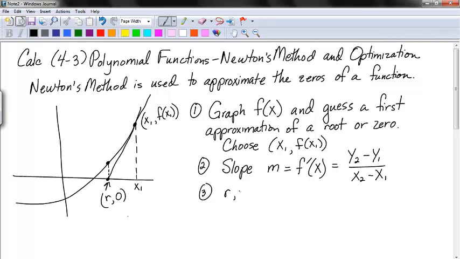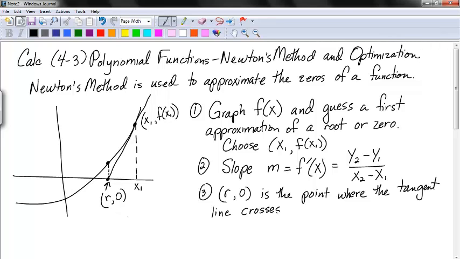So R0 is the point where the tangent line crosses the x-axis. Okay. Now, we basically have two ordered pairs. We've got this ordered pair, and we've got this ordered pair, and we can figure the slope.